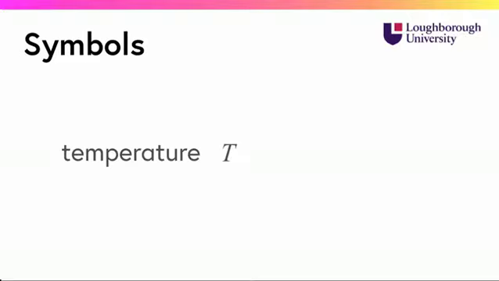A temperature might be measured on, say, 4 occasions. So what might be an appropriate choice of symbol now? In situations like this, we often use subscripts. Subscripts are small letters or numbers appearing to the right and slightly below the main letter. So, for example, we could refer to the 4 temperatures as T subscript 0, T subscript 1, T subscript 2 and T subscript 3, or for brevity just T0, T1, T2 and T3.